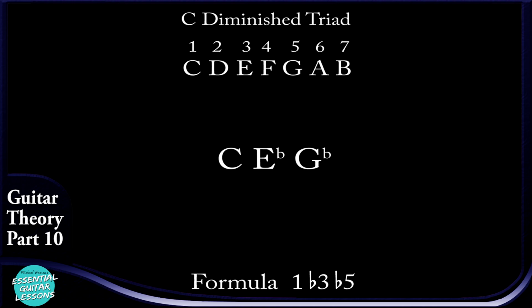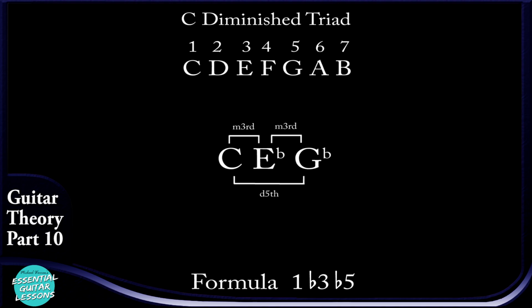So our C diminished triad would be C, E flat and G flat there. Now this time the intervals we have: C to E flat is a minor third, E flat to G flat is also a minor third, then we have C to G flat, and that's a diminished fifth interval. So that's not too hard, we're just flattening the third and the fifth this time.